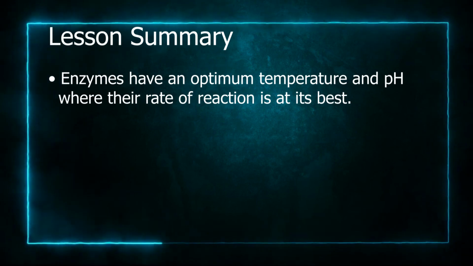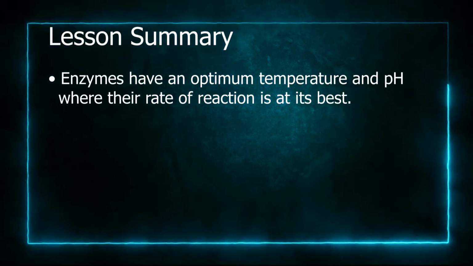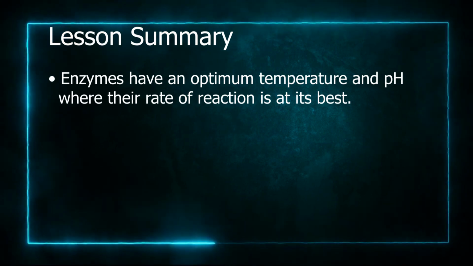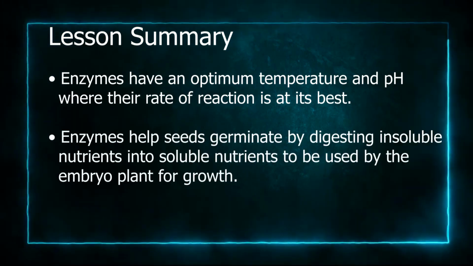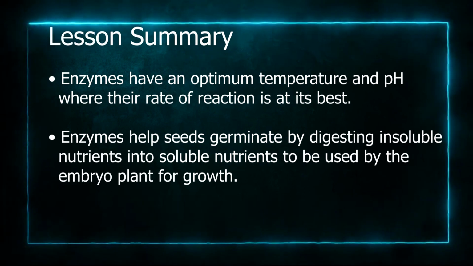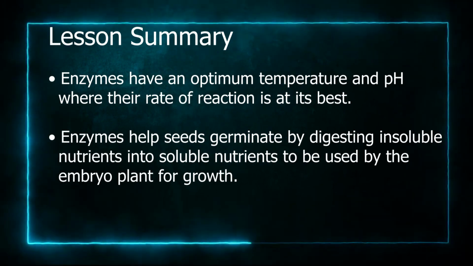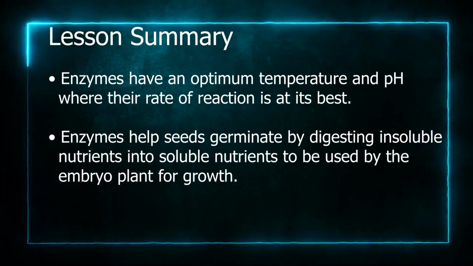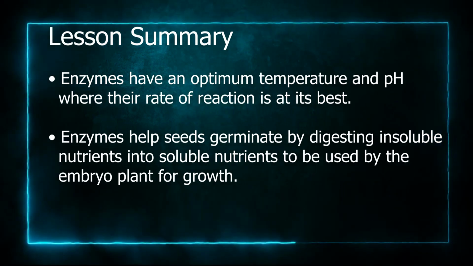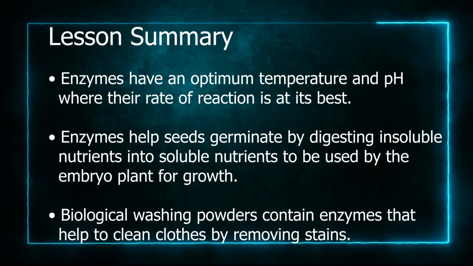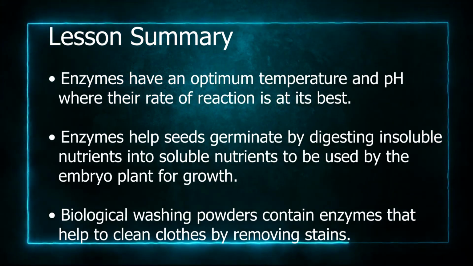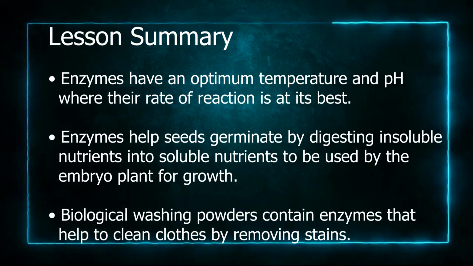You also learned that enzymes have an optimum temperature and pH where their rate of reaction is at its best. Furthermore, you learned that enzymes help seeds germinate by digesting insoluble nutrients into soluble nutrients to be used by the embryo plant for growth. Lastly, you learned that biological washing powders contain enzymes that help to clean clothes by removing stains.